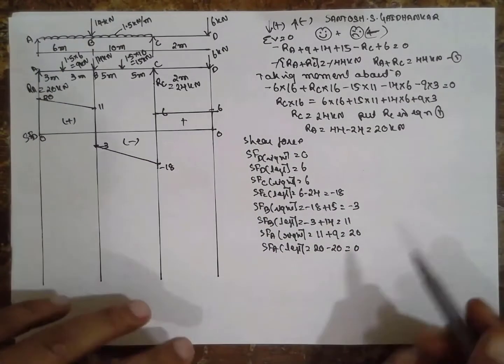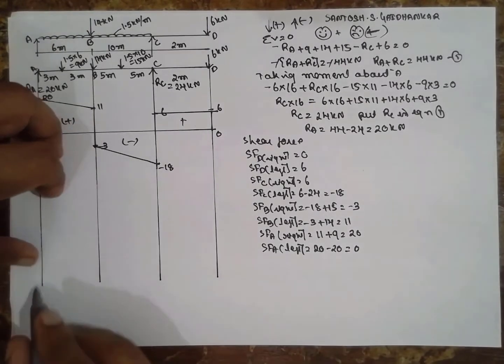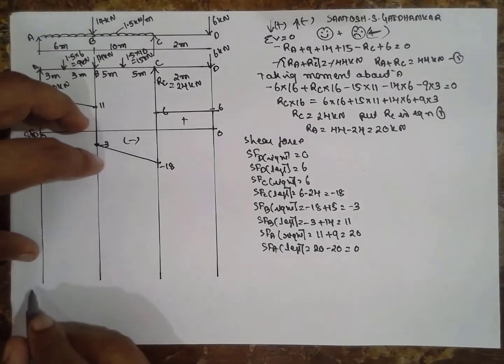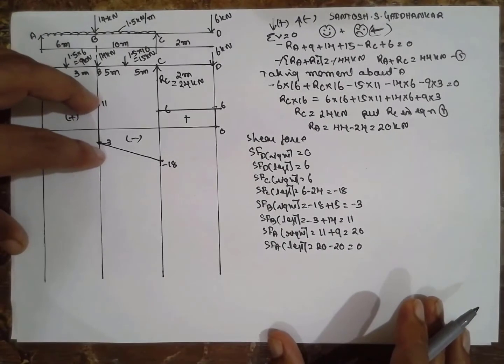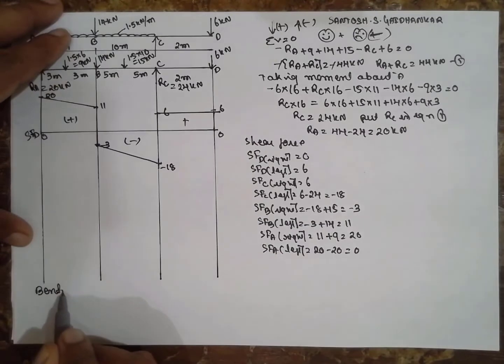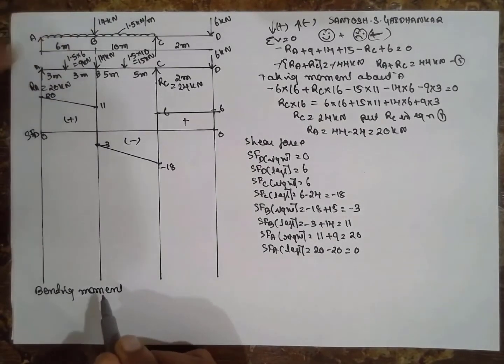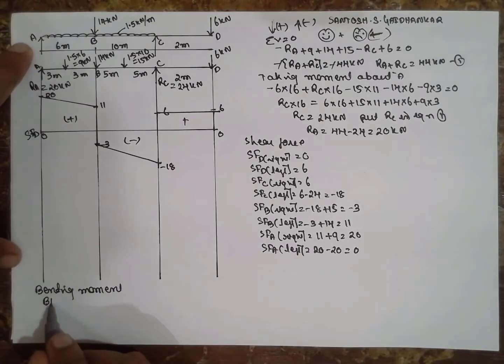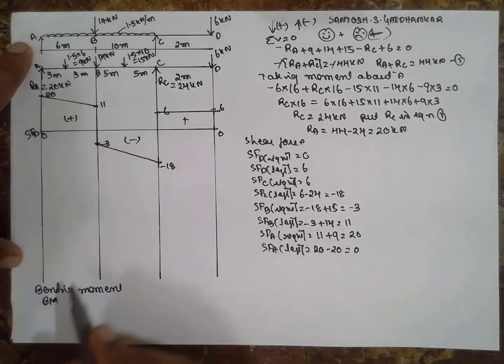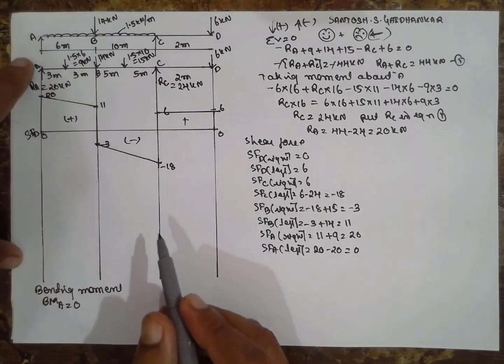Now we'll go for bending moment. Bending moment at A: because it has a support, bending moment at A will be 0.